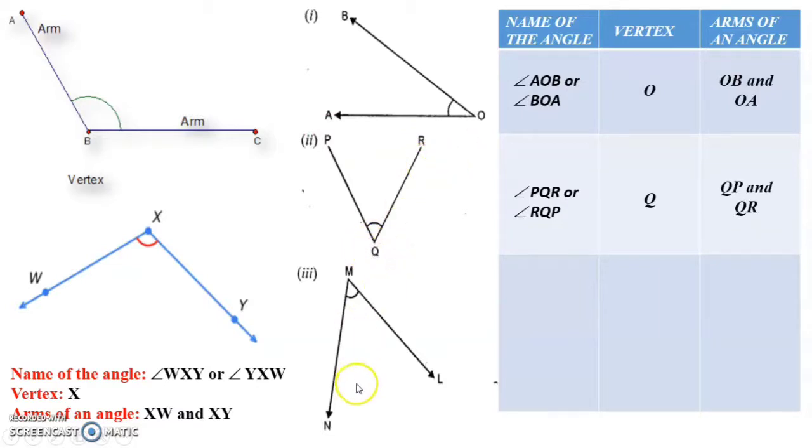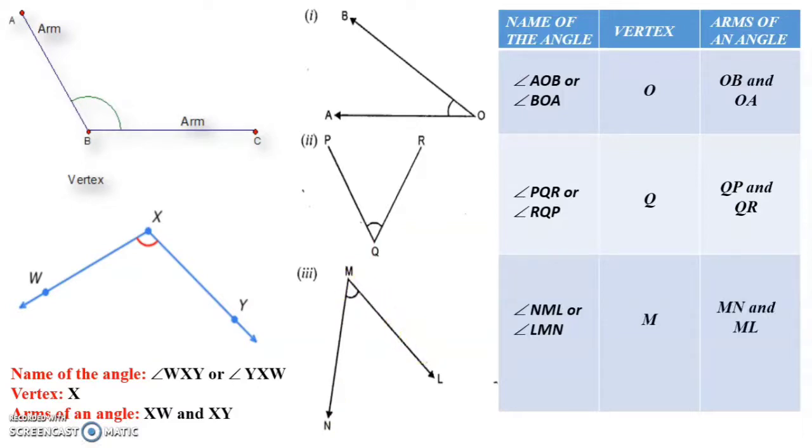In the next example, we can name the angle as NML or LMN. And the vertex or the center point of this angle is point M. And the arms which join the center point or the vertex are MN and ML.